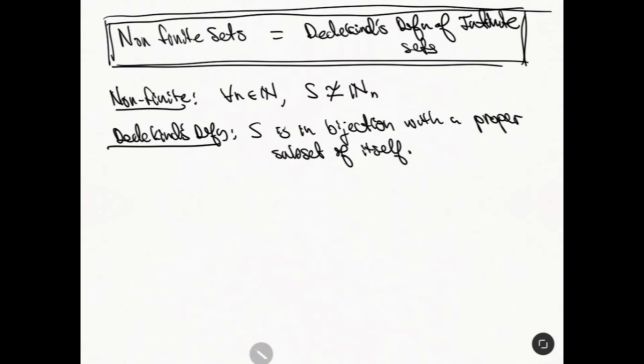Okay, and so the goal, as stated, is to show that non-finite, so that it's not one of these n-element sets, is the same thing as the Dedekind infinite.